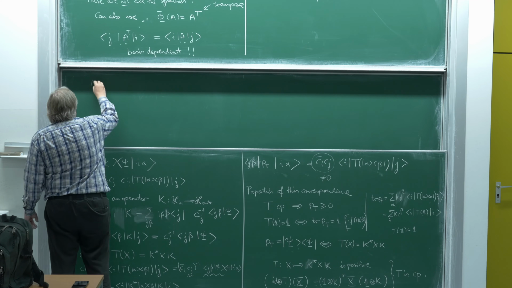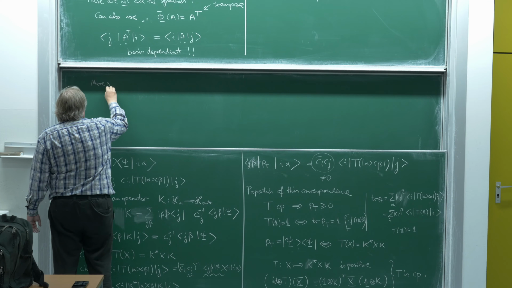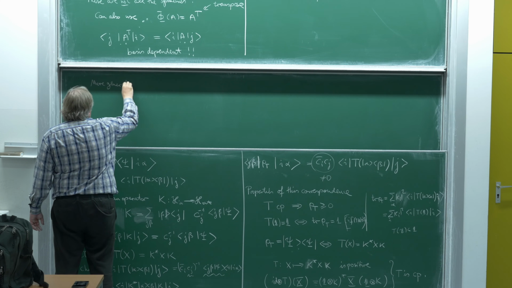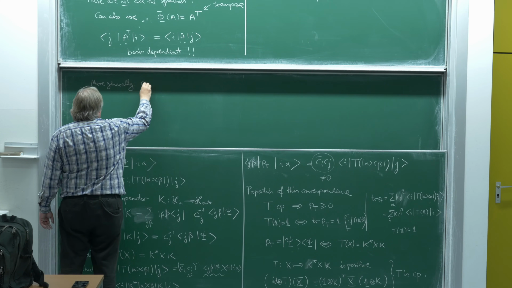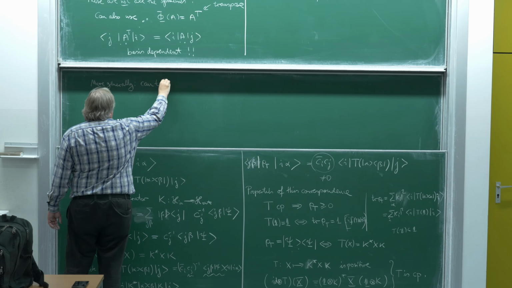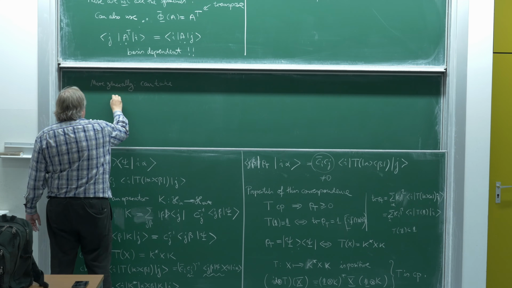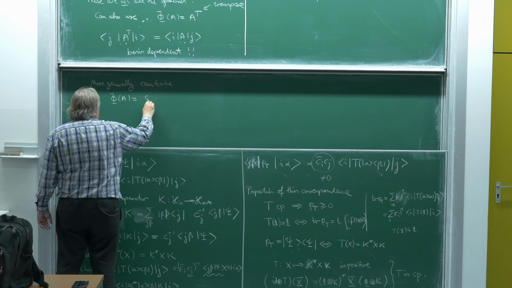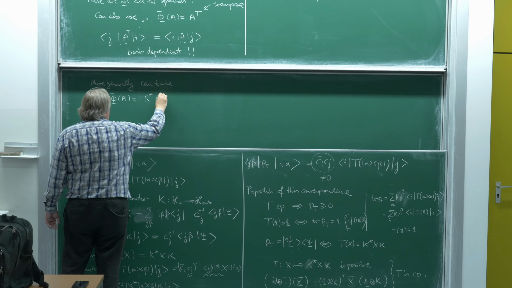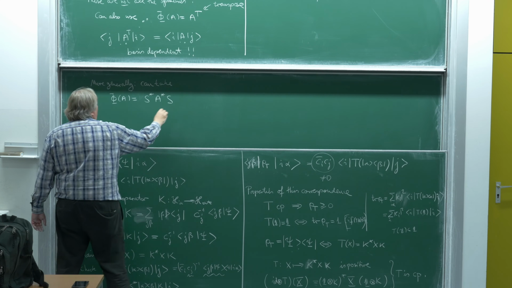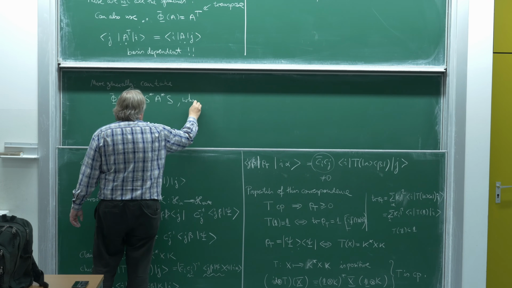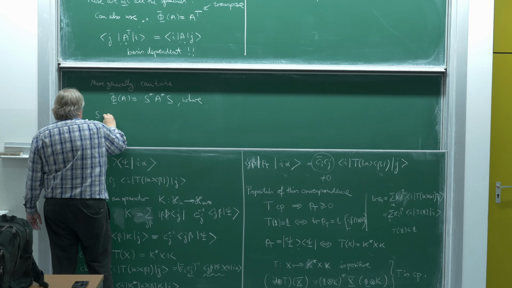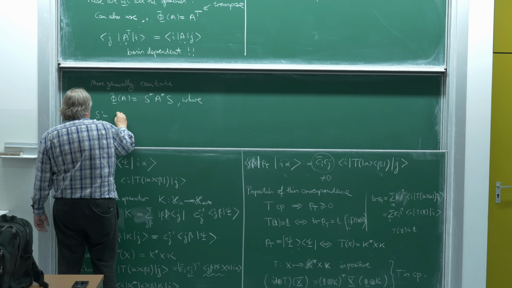More generally, we can take phi of A to be S star A star S, where S is, let's say, conjugate linear.